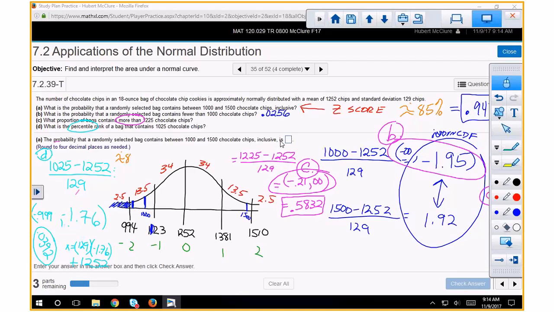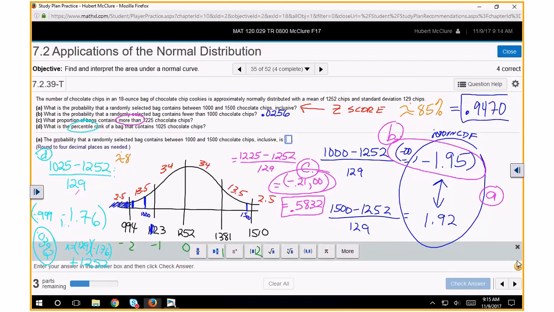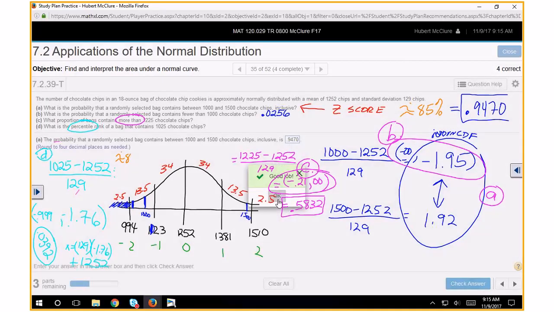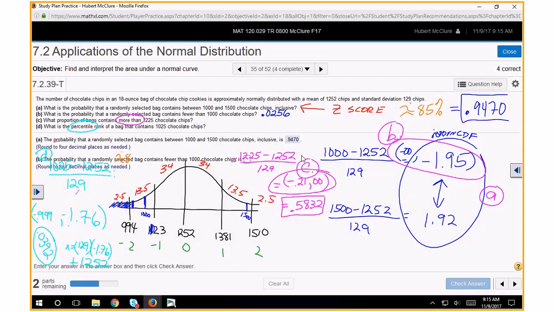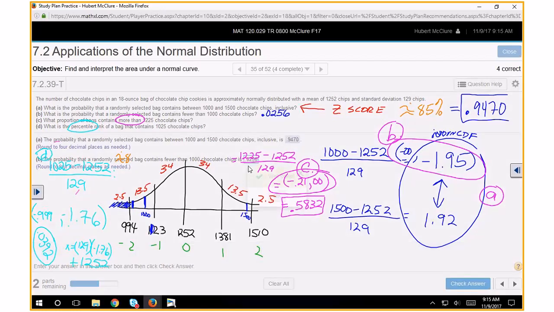So, you know, it's hard to think of something so simple, but okay, the first one, I'm looking, hold on. 0.9470. We're cooking with peanut oil. All right. This one, B, what did we get for B? 0.0256.